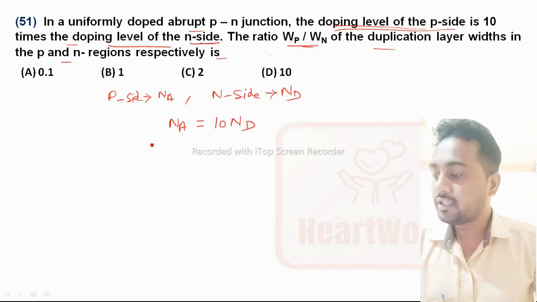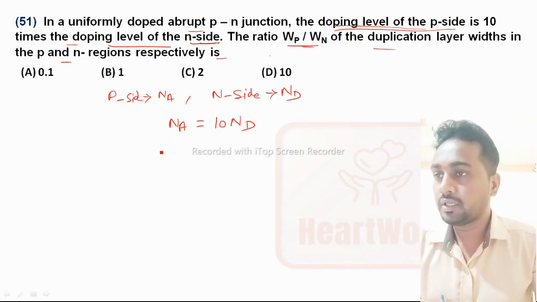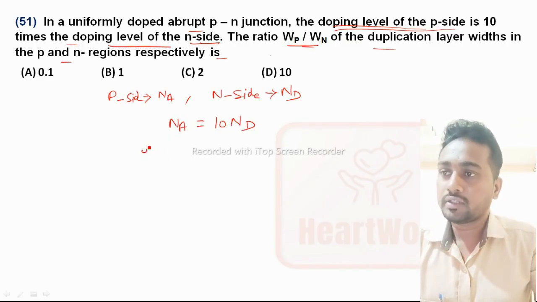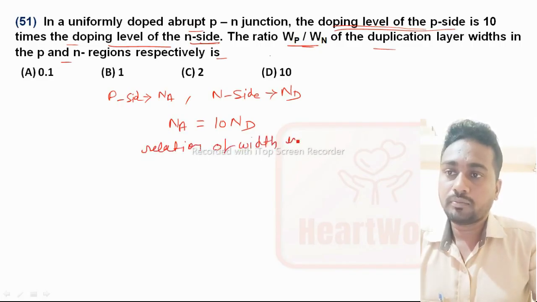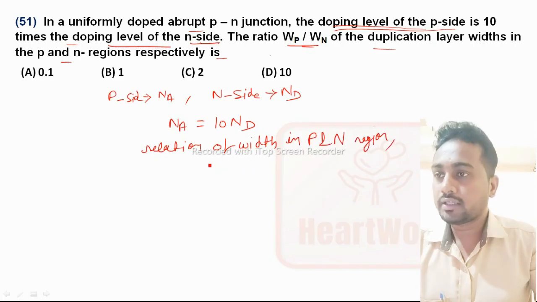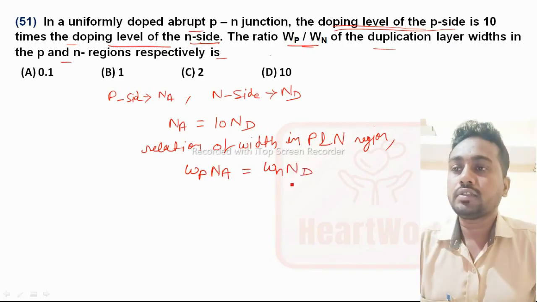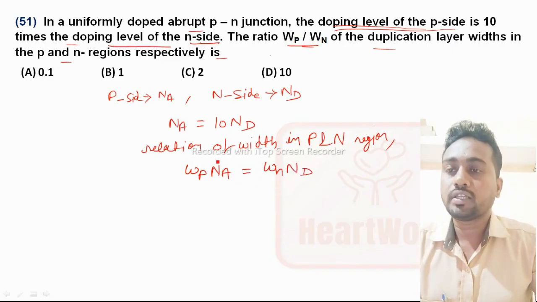So the relation of widths in the p and n regions will be like this: Wp Na equal to Wn Nd. This is the relation of widths in the p and n regions.